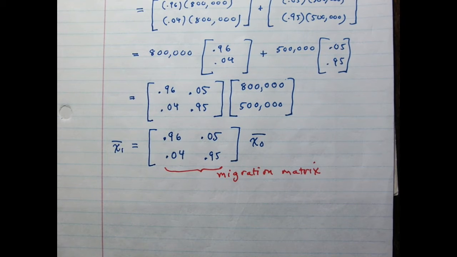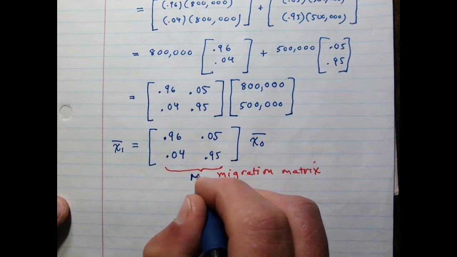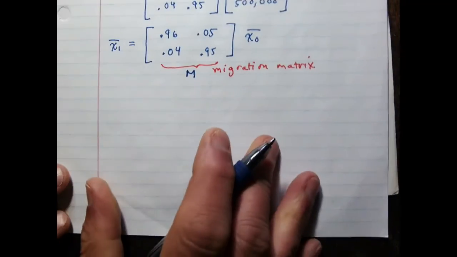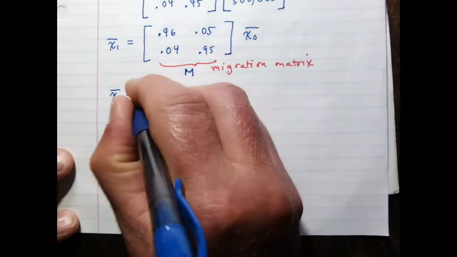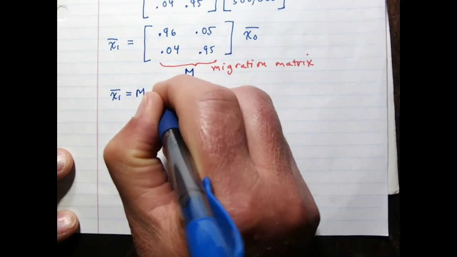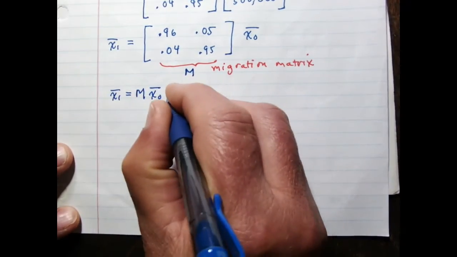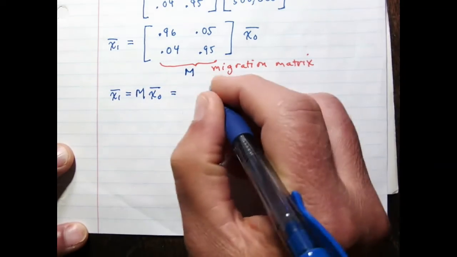And so let's just call this M. So x1 is equal to M times x0, and you can just plug the numbers into a calculator here.